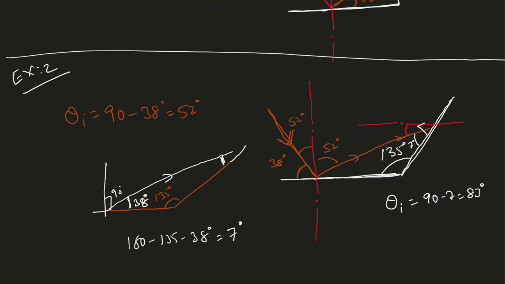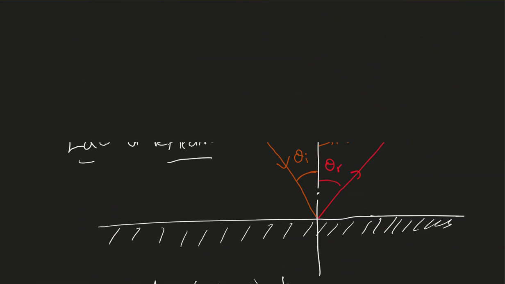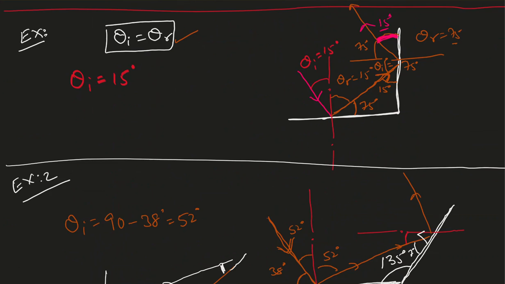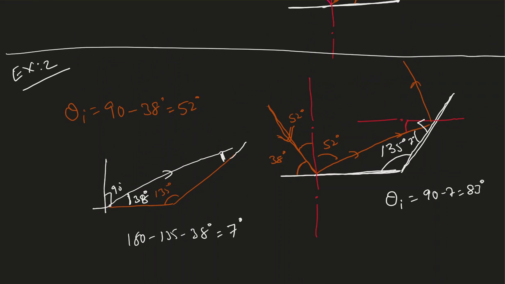Now we know that the angle of incidence is 83. According to the law of reflection, theta I equals theta r. So here theta r is also 83 degrees. Once I know theta r, what is the angle between the second mirror and the light ray?